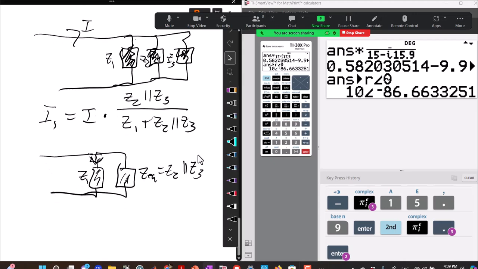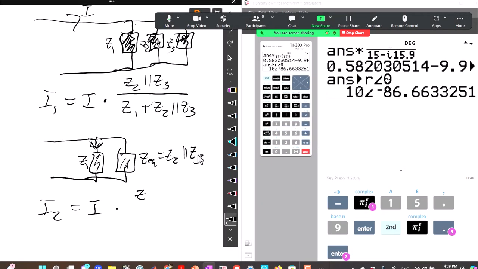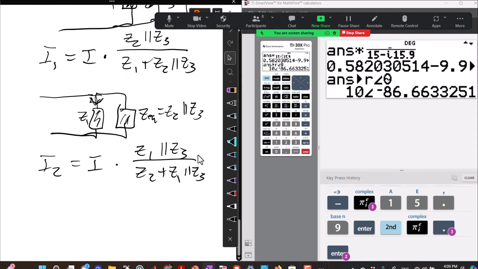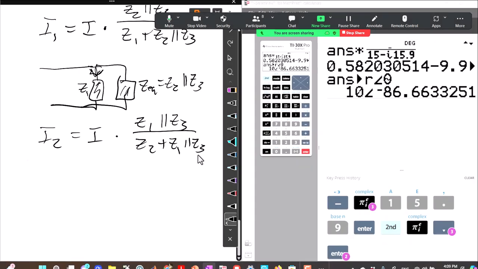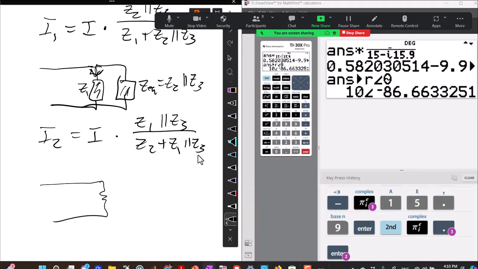So if you made Z1 and Z3 parallel, it would solve for Z2? Yes. So if I wanted I2, it would be the total current times Z1 parallel Z3 over Z2 plus Z1 parallel Z3. So basically, when I do current division like this, however many impedances there are, I just turn it into two, and I find the equivalent of all the others.